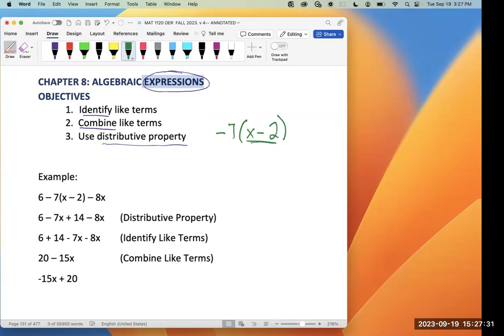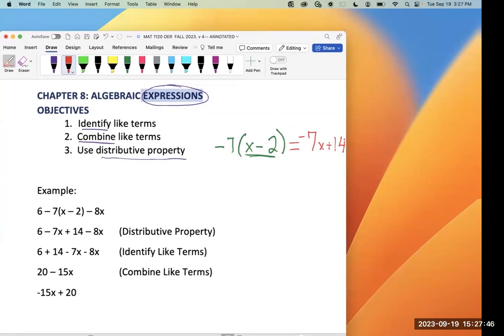It's a mystery. But those who have gone before us have proven that this expression here on the left in green is the same value as the expression -7x plus 14. Apologies if you have red-green colorblind issues, they may look the same, but on the left is the same expression as the one on the right. They don't look the same, but they have the same value.